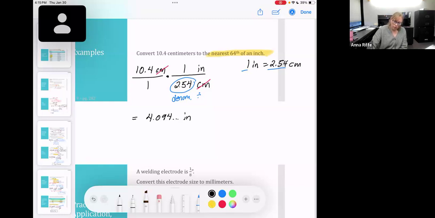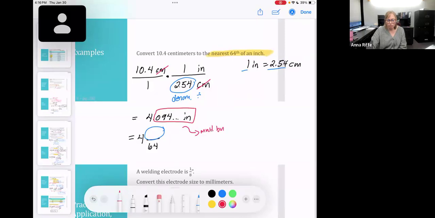So we know this is going to be 4 and some 64ths of an inch. I want to figure out how many 64ths it is. To do that, I'm going to take this decimal portion of my solution and multiply it by 64. And that'll give me the number of 64ths of an inch.